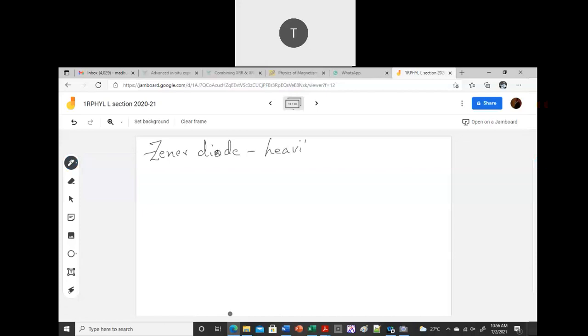Okay, heavily doped PN diode or PN junction. That is what we call a Zener diode. So that means if you take your regular PN junction and the Zener diode, the only thing is the doping level will be very high in your Zener diode compared to your regular PN junction.